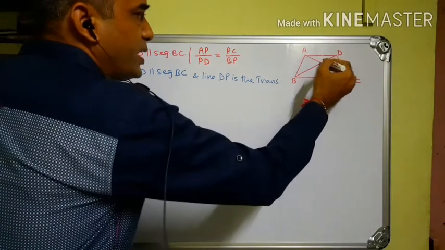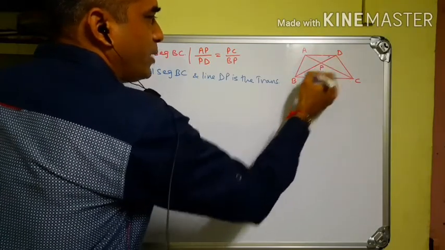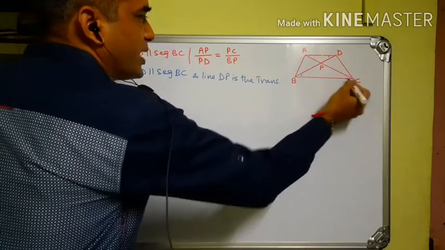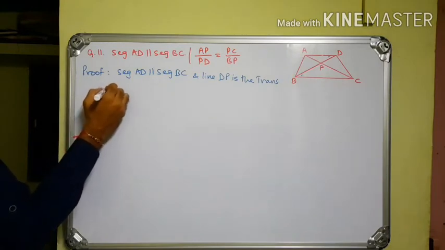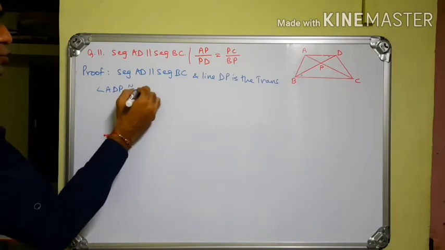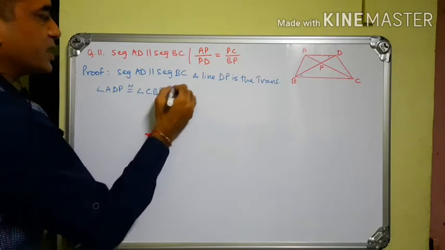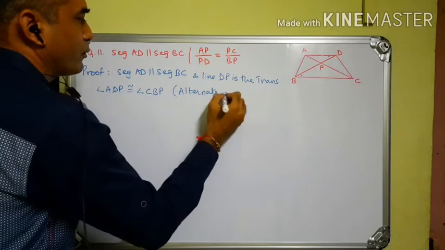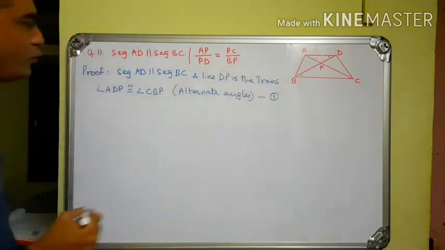Angle ADP will be congruent to angle PBC, which we can call CBP. So angle ADP is congruent to angle CBP. Reason, these are the alternate angles. This is point number 1.